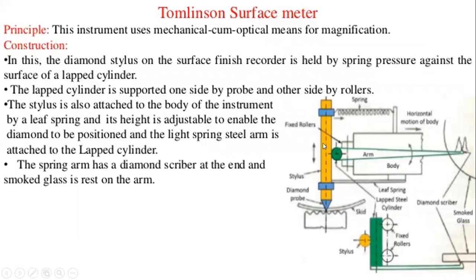So whenever these fixed rollers move, the arm also moves in the upward and downward direction, which moves the smoked glass and the diamond striker engraved on it.